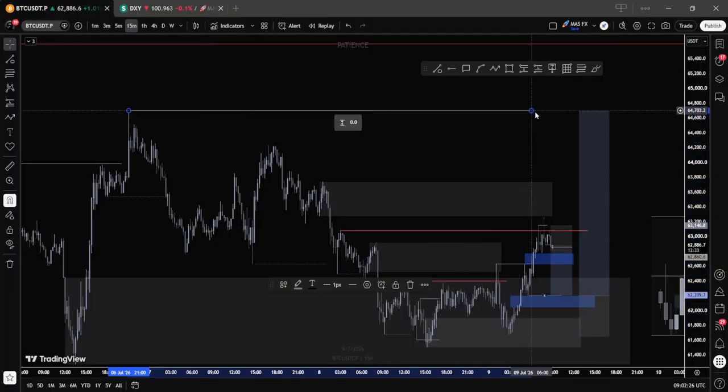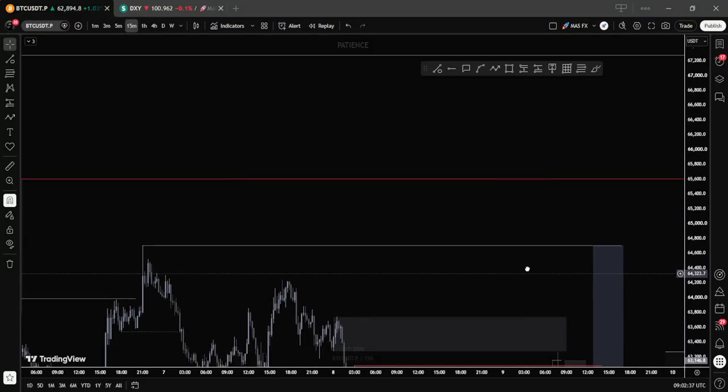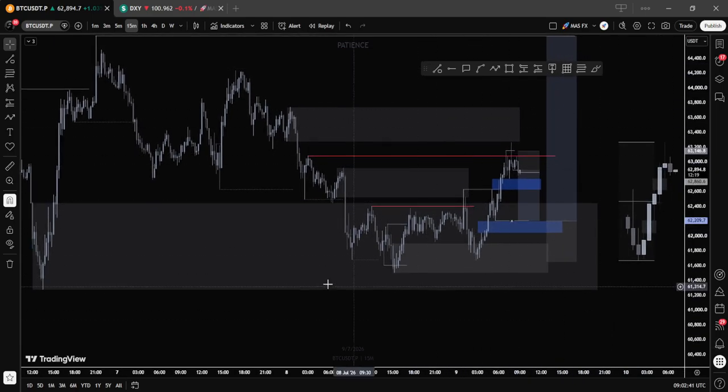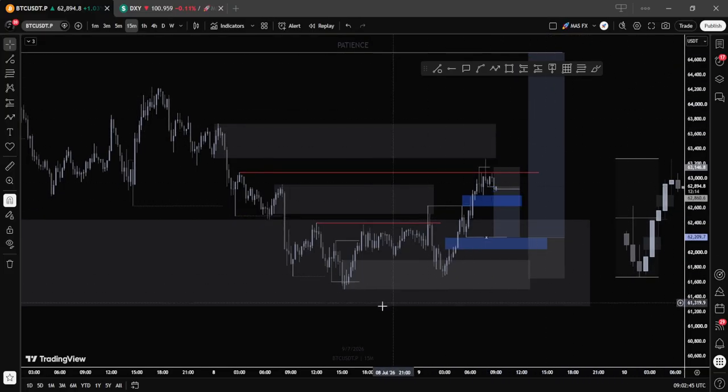I target the high. So this is the position I have for BTC USD. Sell and then buy. So yeah, that's it.